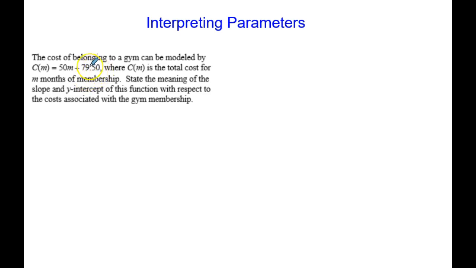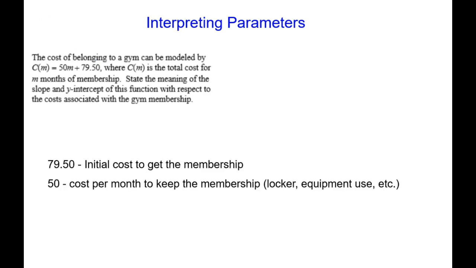So the $79.50 represents the initial amount to become a member at that gym. The $50 is the rate per month that you stay at the gym. To recap, the $79.50 is the initial cost to get the membership. The $50 is the cost per month to keep the membership for things like locker and equipment use.